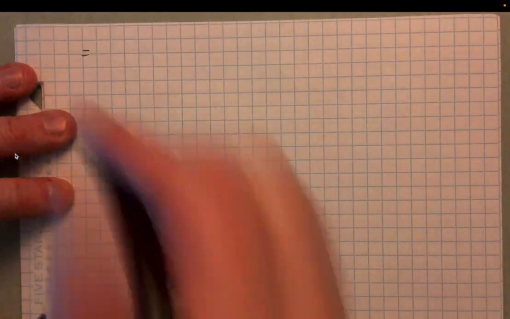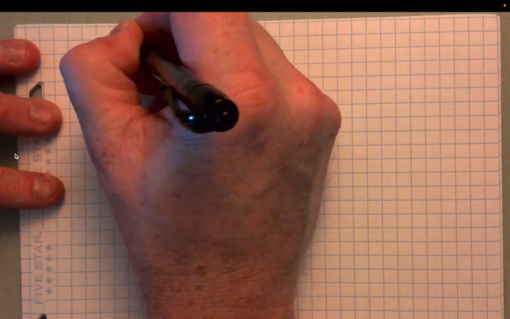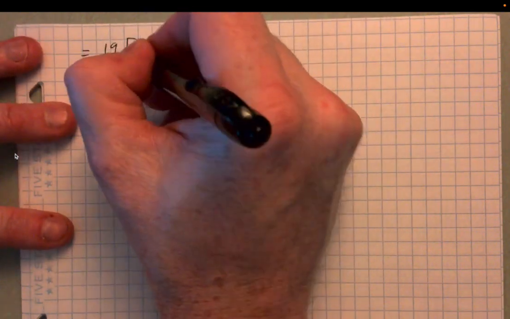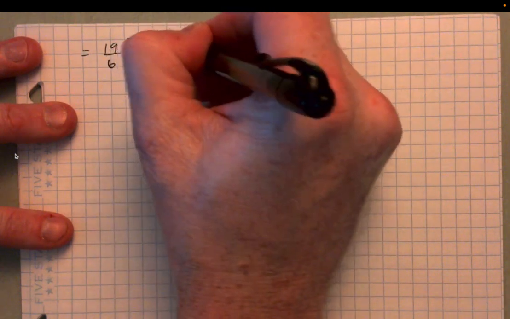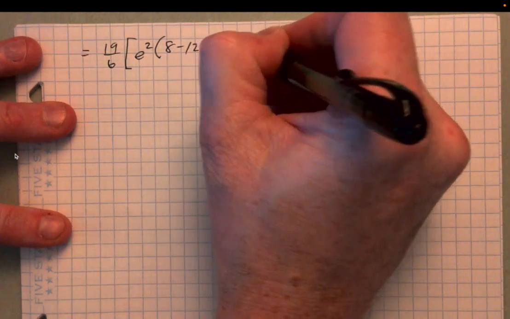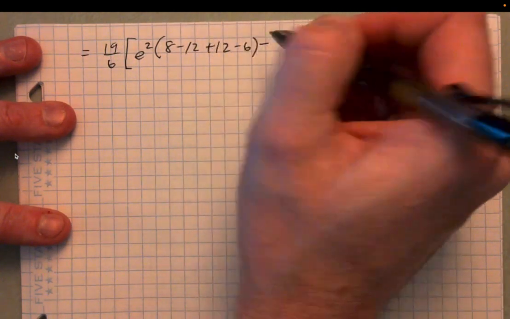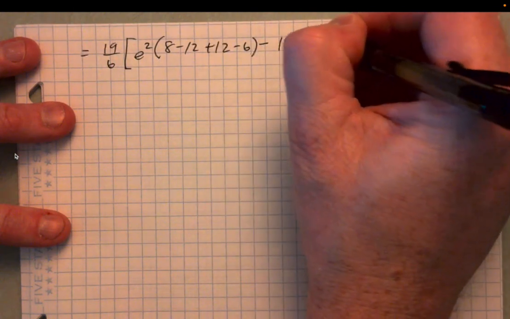Okay, and then we can finally just combine all of this, and what do we get? We get 19 over 6, and then it's what? E squared times 8 minus 12 plus 12 minus 6, minus 1 times negative 6.